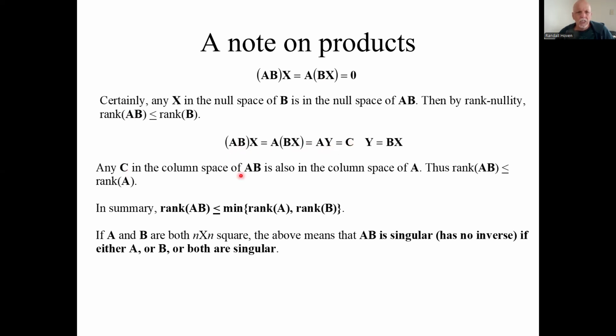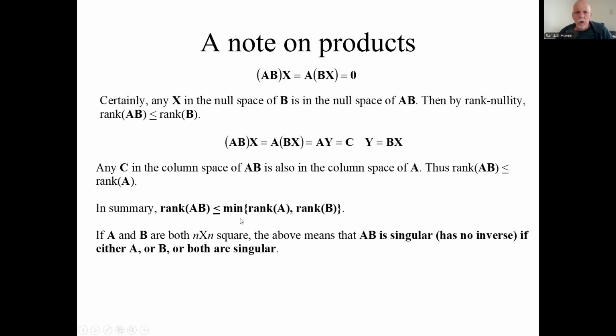Well, any c in the column space of AB, meaning any possible c you could get from this equation, is also in the column space of A, right? Thus, the rank of the product is less than or equal to the rank of A. I had to think about that.